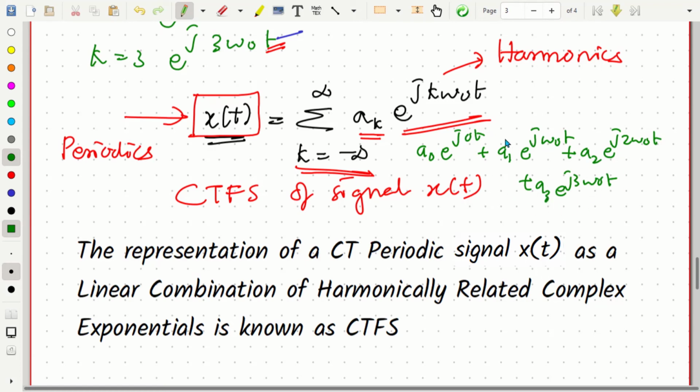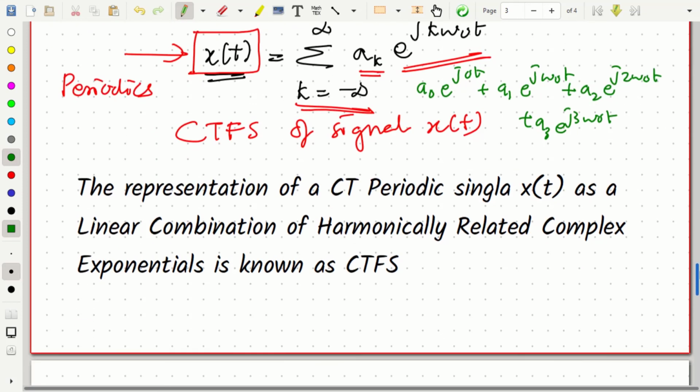By adding such harmonically related complex exponentials, if we can create a signal x of t, then that is the continuous time Fourier series of the signal. The equation says that a periodic signal x of t with period t0 can be expressed as a sum of complex exponentials e power j omega t and its harmonics.